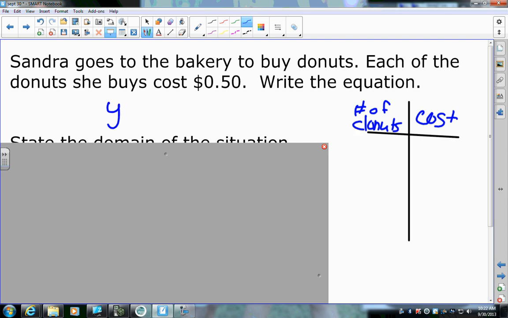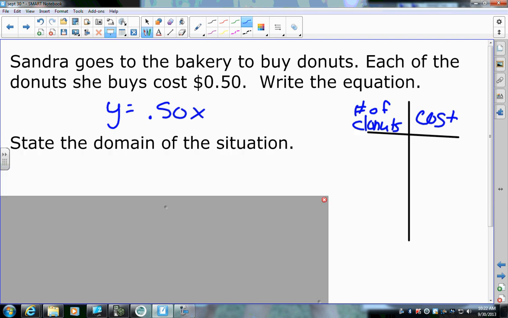Well, Y equals, I'm paying 50 cents times X because X is each donut. Yes, Y equals 0.50 times X. So it says, what is the domain of this situation? First off, is this data going to be continuous or discrete?